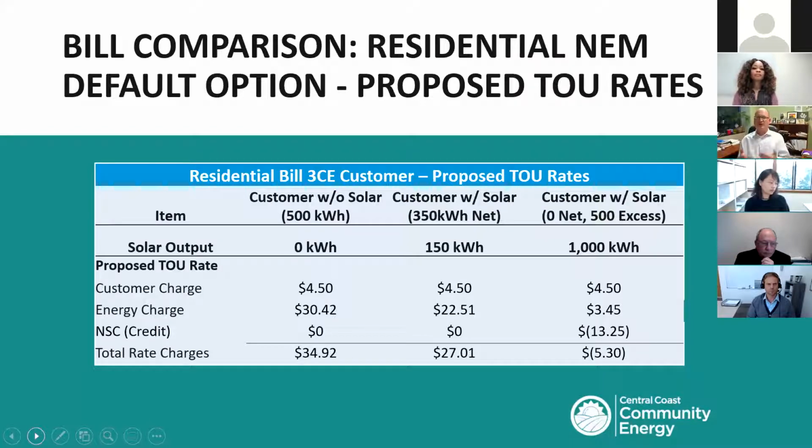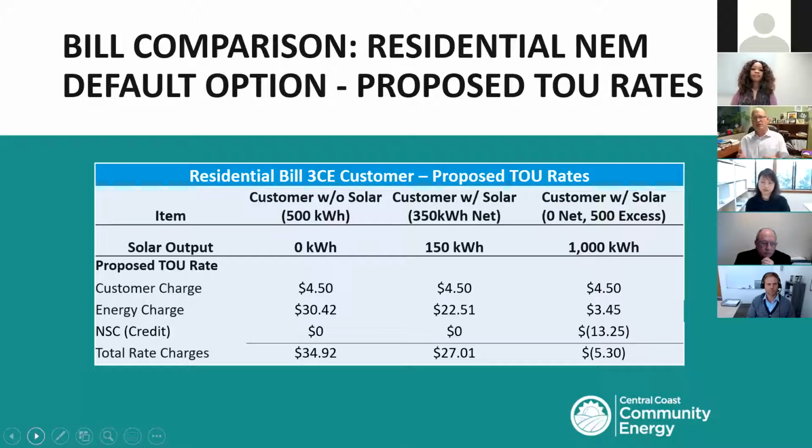They get that customer charge of $4.50. The energy charge is then reduced because they're offsetting that energy usage with their solar. So their total rate charges during this month would be about $27.01. Again, this is the generation portion of their bill, not the other services that PGE provides.